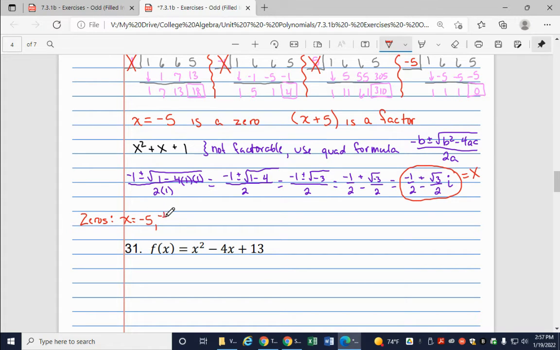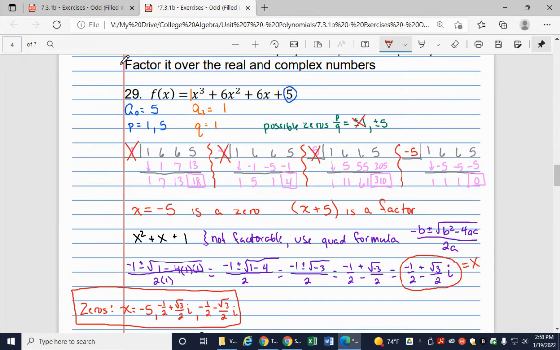The first one is negative 1/2 plus the square root of 3 over 2i. And the second one is minus 1/2 minus the square root of 3 over 2i. So there's my zeros. It wanted me to do one other thing.